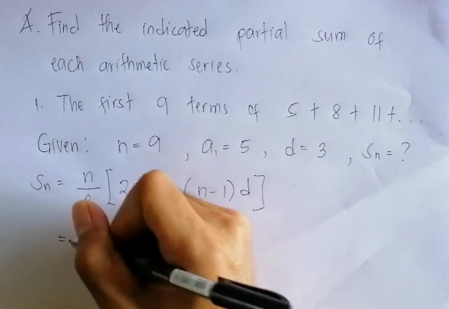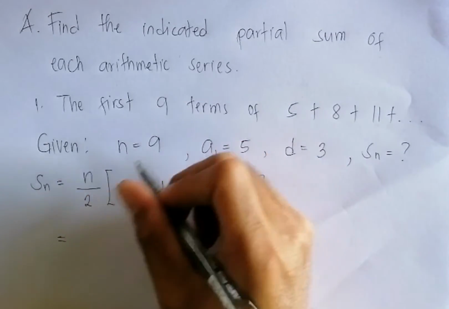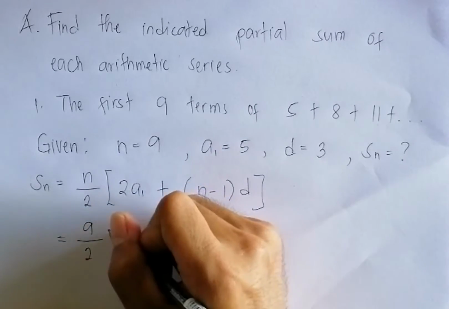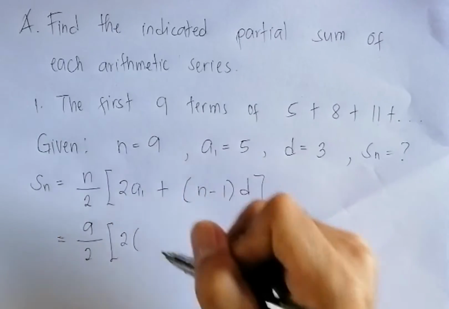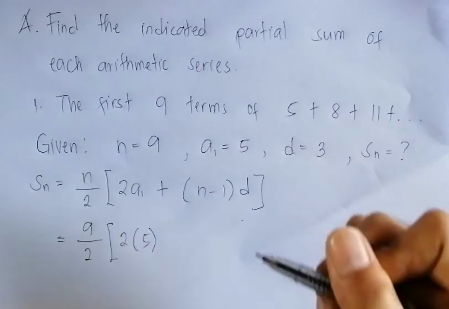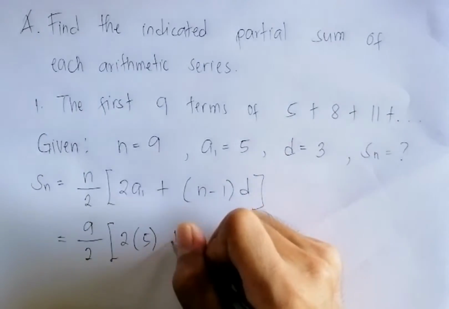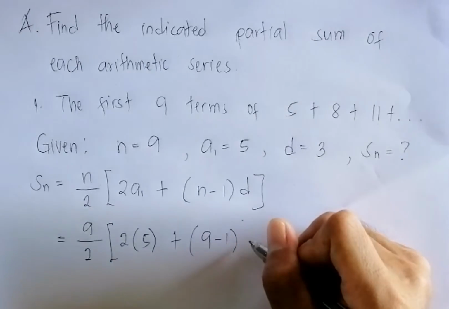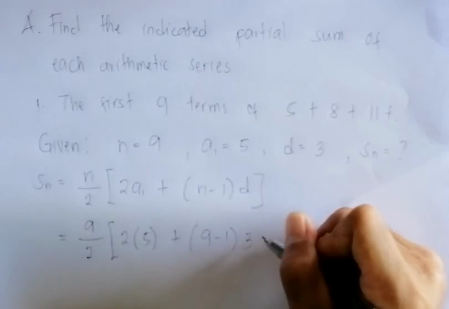Then substitute the value for n, which is 9 over 2 times 2 times the first term, which is 5, plus the value of n, 9 minus 1, times d, which is 3.